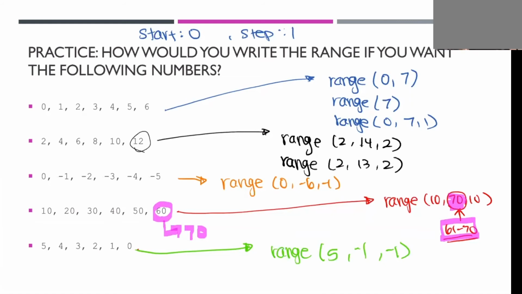So it looks like you guys are doing pretty well with range. So let's go ahead and move on into for loops. For loops in Python are pretty different from for loops in, I would say, Java, C++, or JavaScript. If you have prior knowledge of for loops, it might help a little bit, but it'll be pretty different.